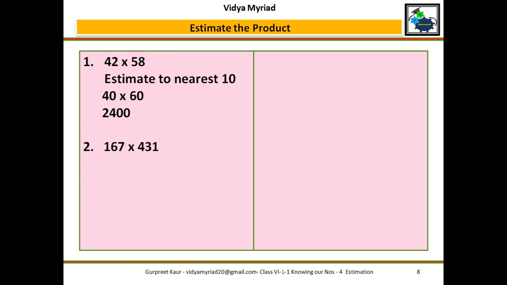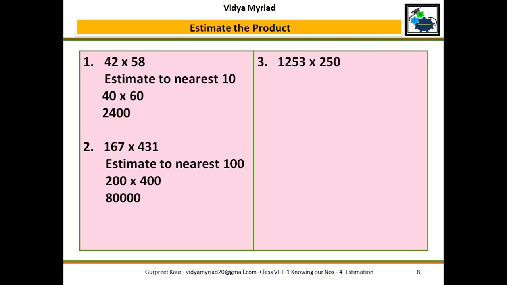Next, 167 multiplied by 431. You need to estimate to nearest 100. So 167 will be 200. 431 will be 400. So you get answer as 80,000. Next question, 1253 multiplied by 250.